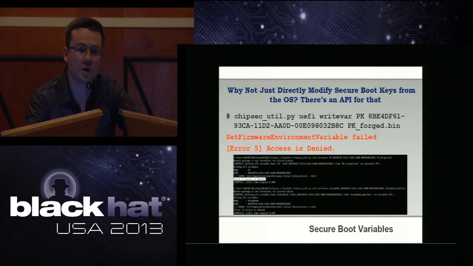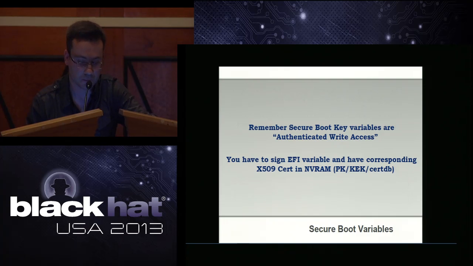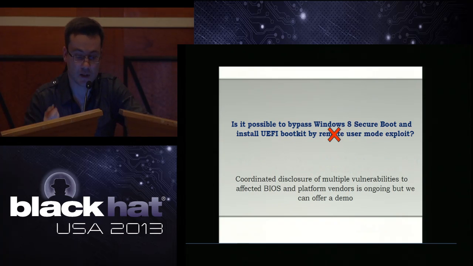If you recall, the keys are protected authenticated variables, so you have to sign them. You cannot just directly modify them through the Windows API. The access is denied. You have to sign the updates. But we still want a user mode exploit.